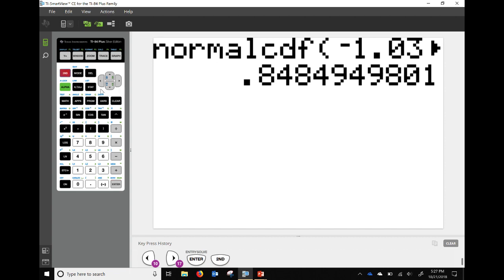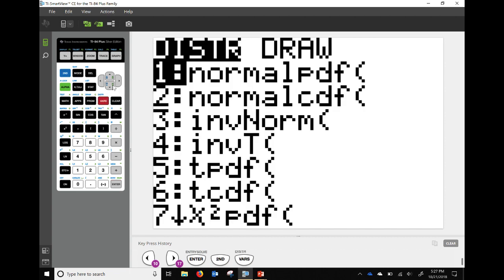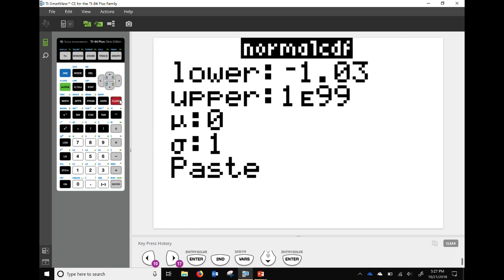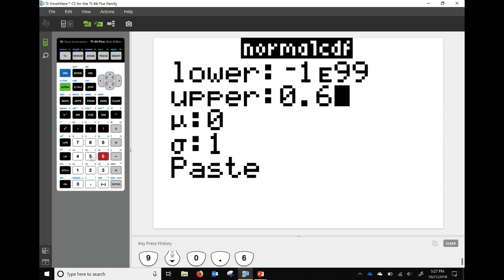So second vars, normal CDF. The lower bound, let me clear that out. The lower bound was a negative, there's our negative button, 1 e, so second comma, 99. Upper bound was 0.65.